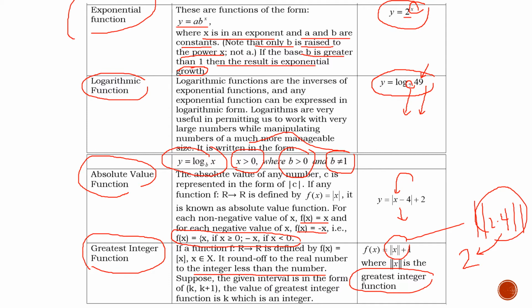What we really need to do is to look for the pattern available before we conclude that the given function is exponential, rational, logarithmic, absolute value, greatest integer function, linear, quadratic, polynomial functions, and whatsoever.